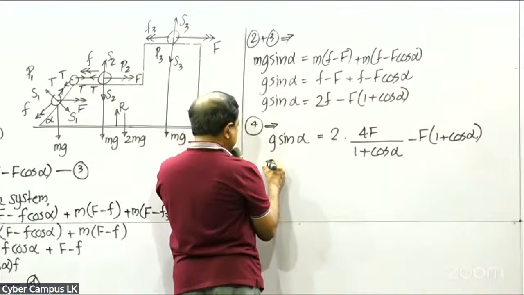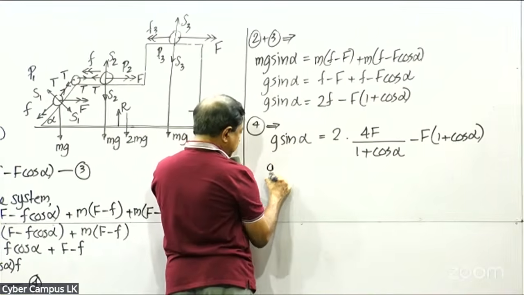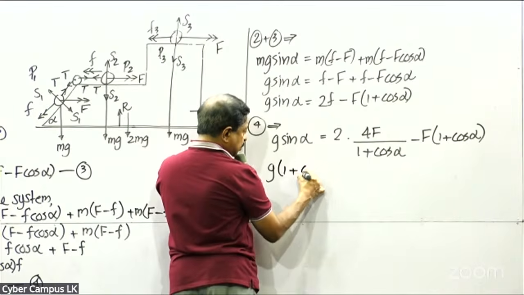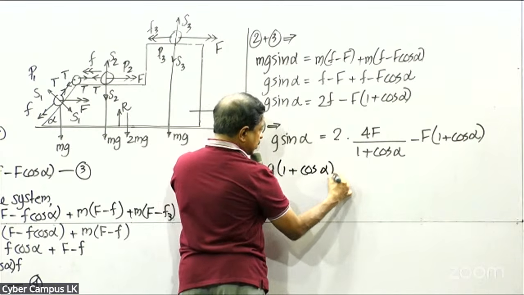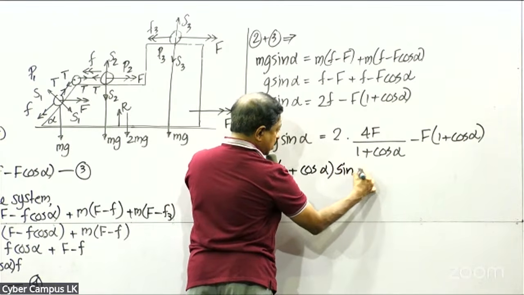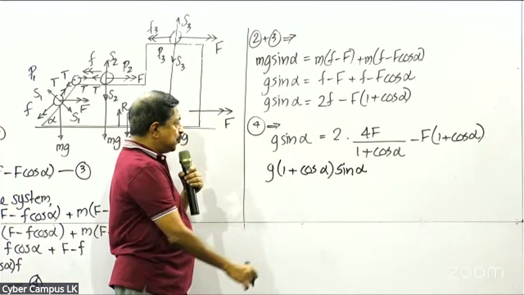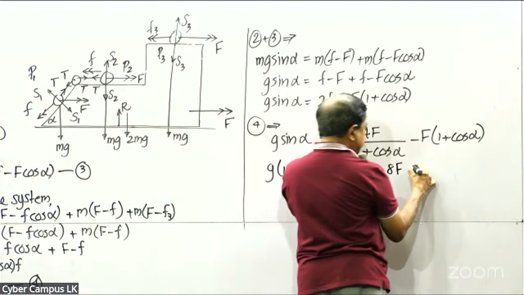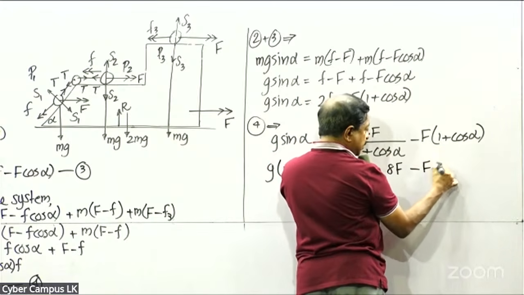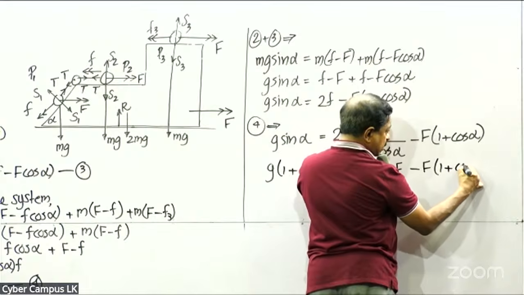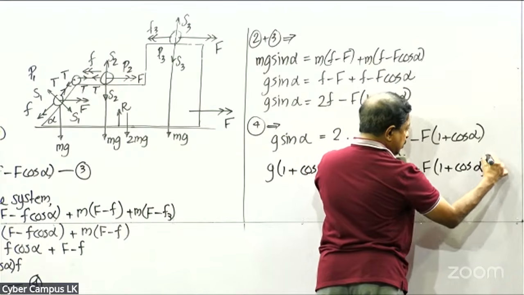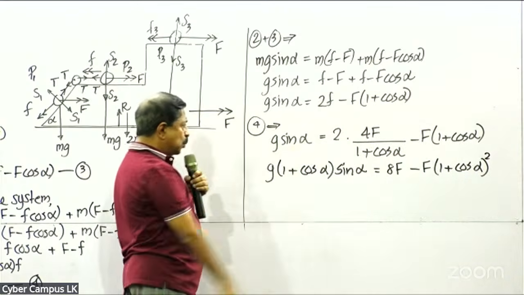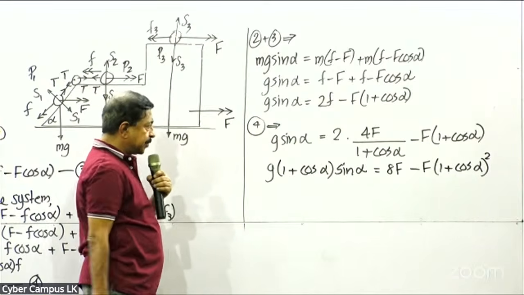Anyway, we'll go ahead with this. Now we'll multiply everything by 1 plus cos alpha. I'll put 1 plus cos alpha like this. Then if you multiply this by 1 plus cos alpha, you get 8f. If you multiply 1 plus this by 1 plus cos alpha, you get this. Now you can pull out f from the right hand side.